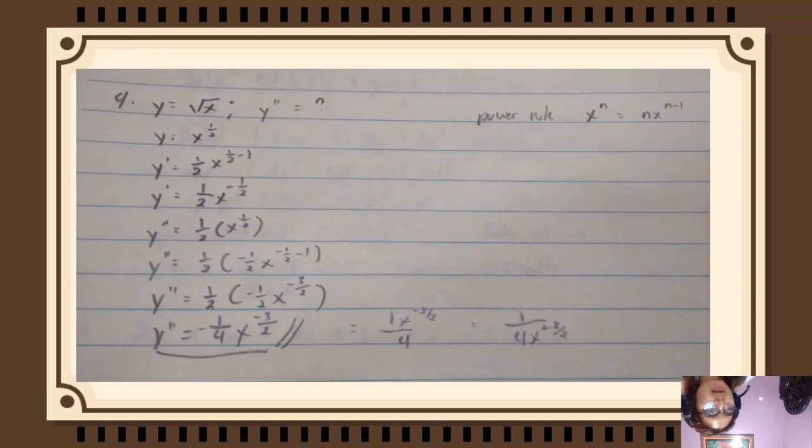Sorry, na memory loss na ako. So, ayan siya. Then, all over 4. Pwede natin itong gawing positive. Paano? I-bring down natin siya. 1 all over 4x raised to 3 over 2. Ayan. Tatanggal, magiging positive na siya. So, ito ang sagot. Gets ba?